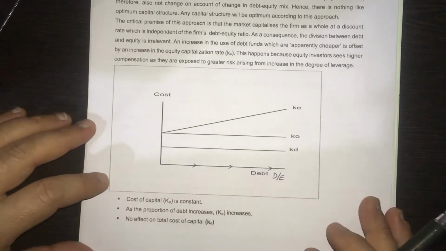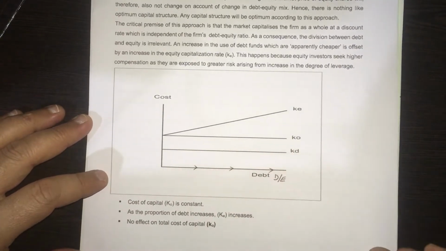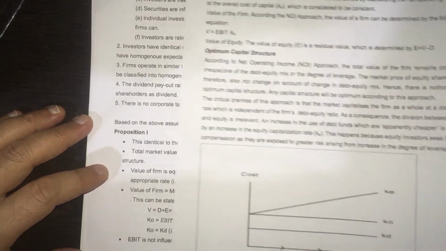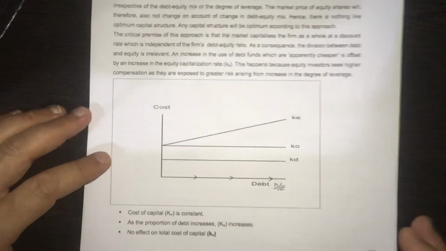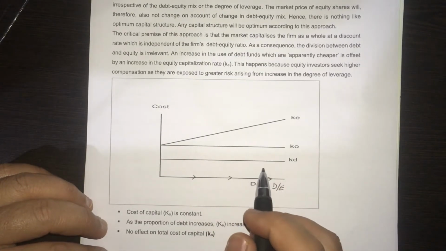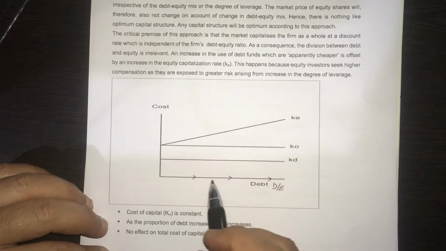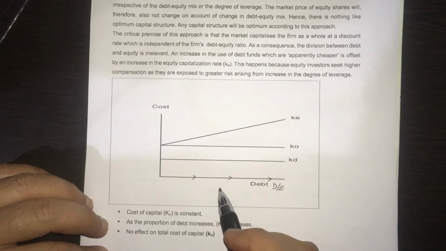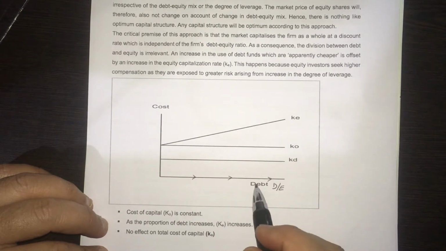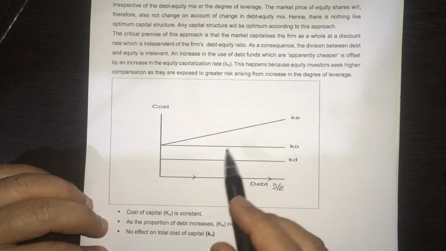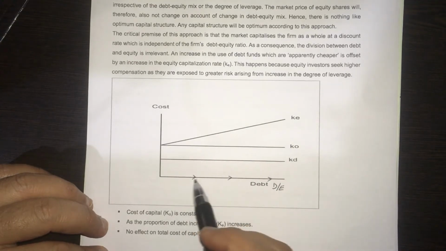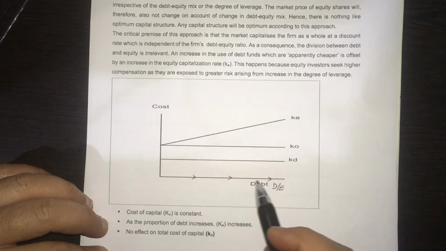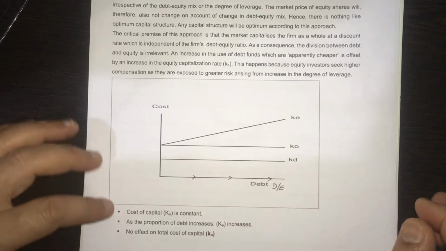Because when you bring in more debt, the equity shareholders will not be happy with the current expected rate of return, because as you bring in more debt, the interest payment goes up. So the equity shareholders bear all the risk, and that is why when you bring in more debt in the capital structure, KE will increase.